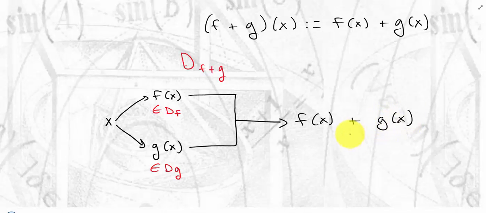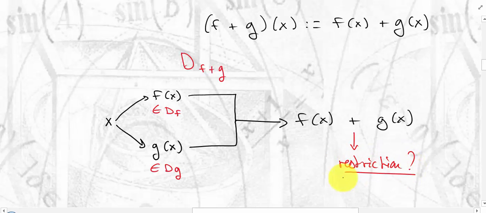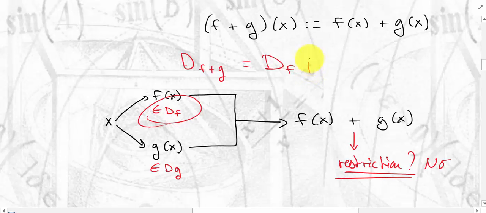Now, doing the sum of two real numbers, are you introducing any new restriction? Do you know of any two real numbers for which the sum is not defined? No, you can always add any two real numbers. Therefore, there's no new restriction. Therefore, the domain of f plus g is, you got to make sure you are in the domain of f, and that's intersection, you got to make sure you are in the domain of g, right?